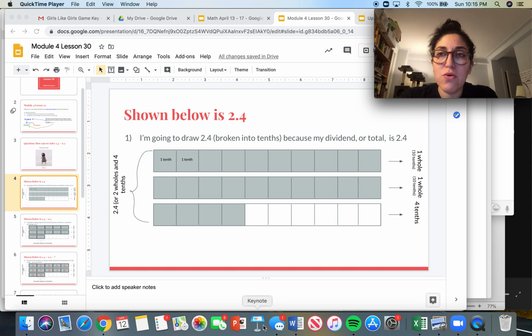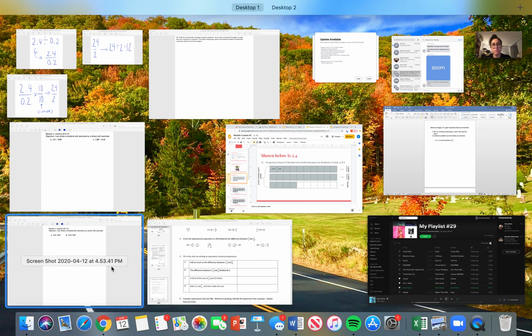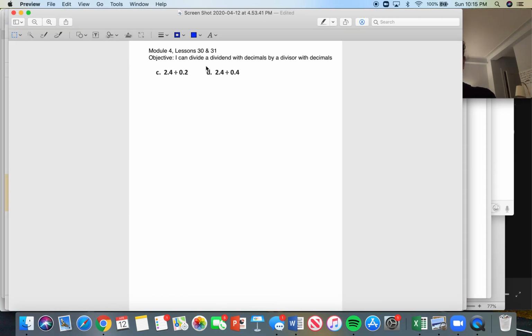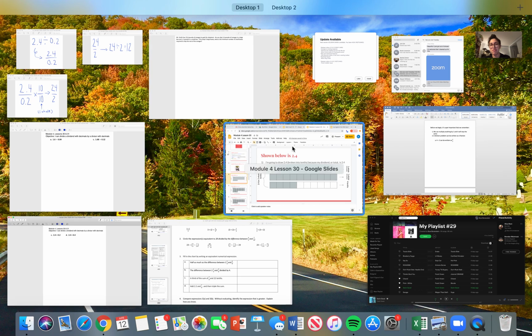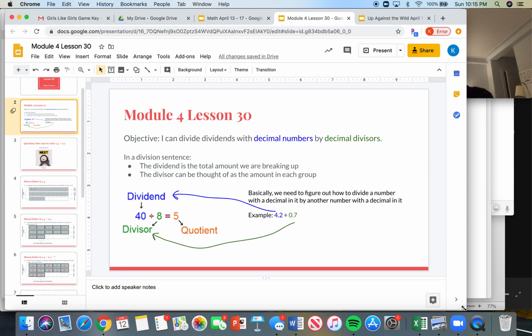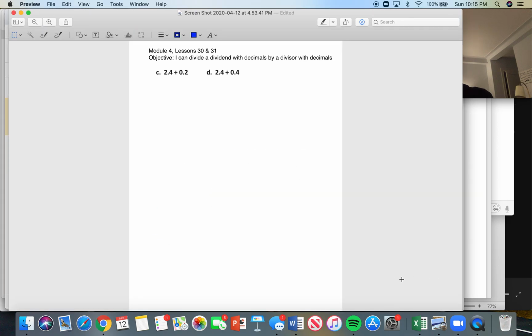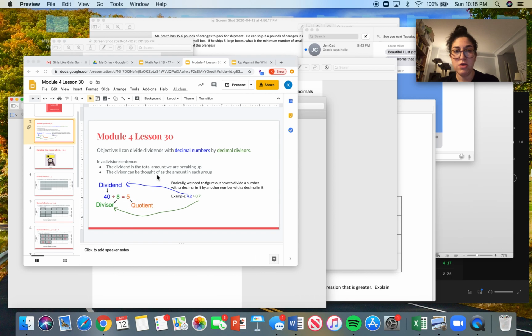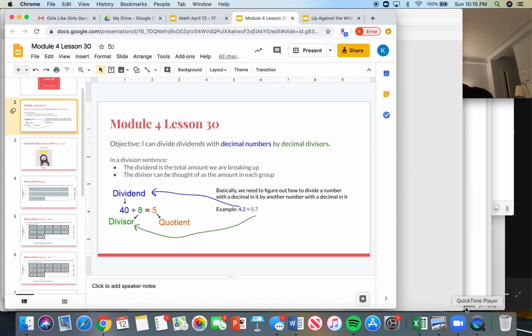Scholars. All right, so today we are going to be doing a lesson that involves, it's actually going to be two lessons. The objective is going to be being able to divide a dividend with a decimal by a divisor with decimals. What this means basically is that I am going to be able to look at a number.